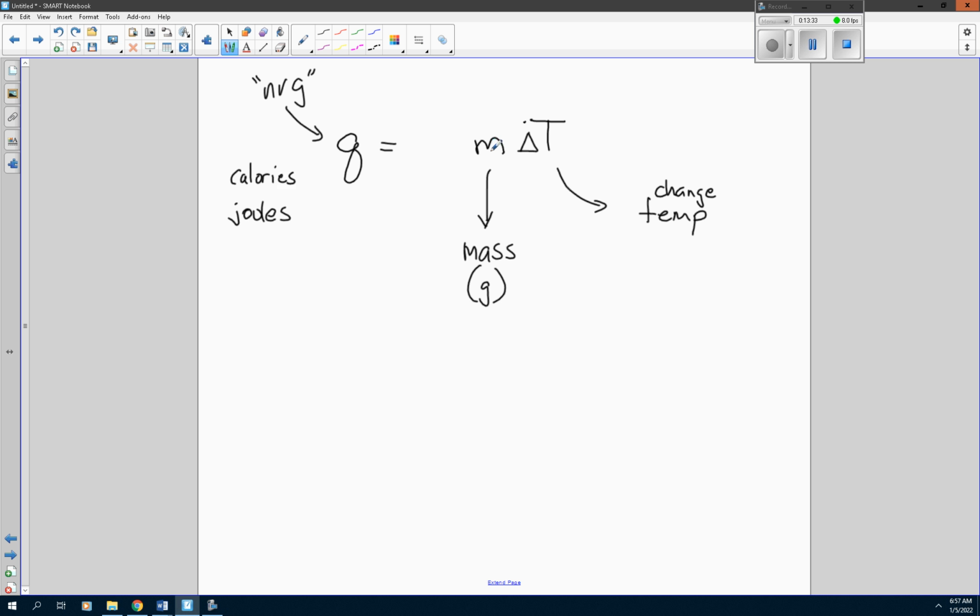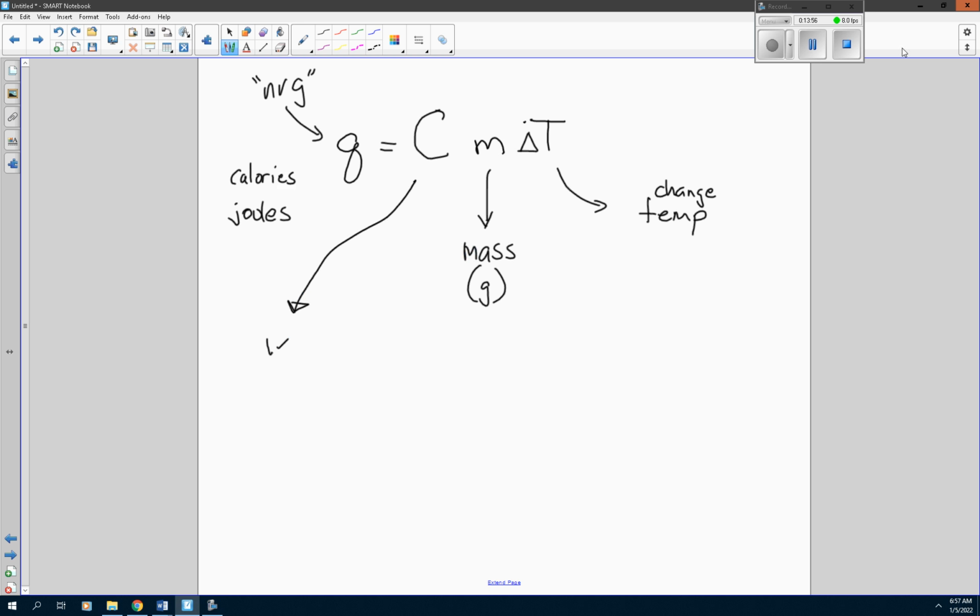So we need another variable to describe the ability of an object to absorb heat or the ability of an object to release heat. In this variable, I'm going to use the variable C because C stands for something called heat capacity. I know it's a strange term, but let me just put this down here.